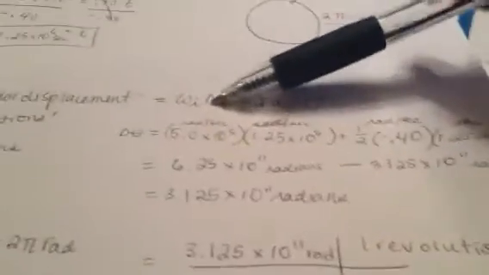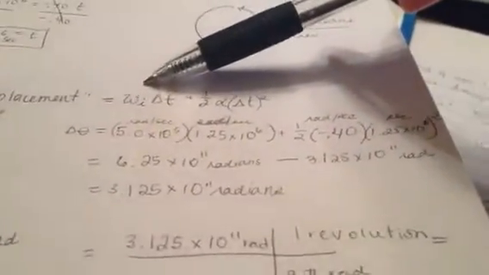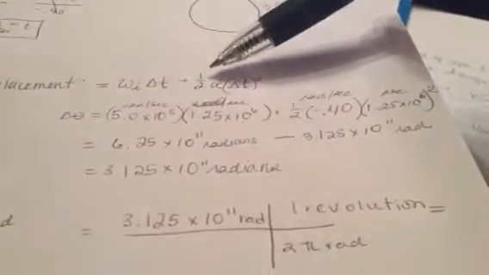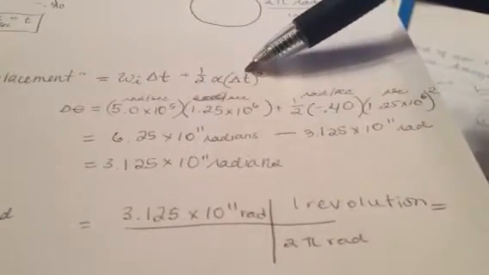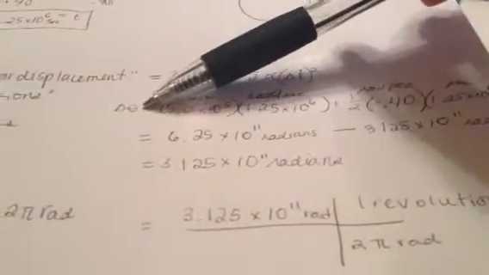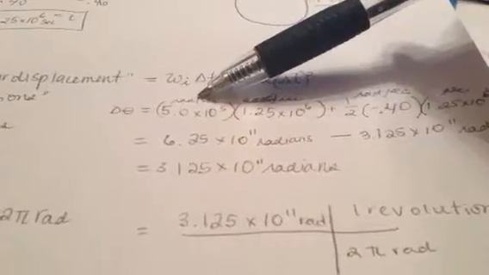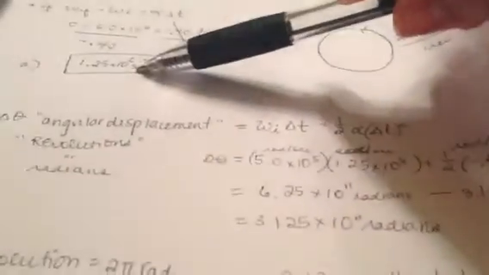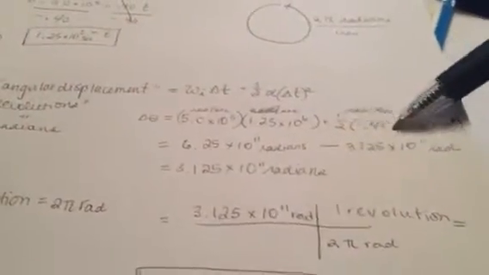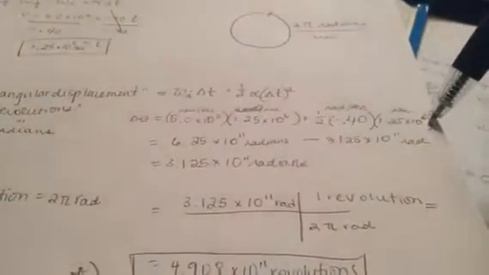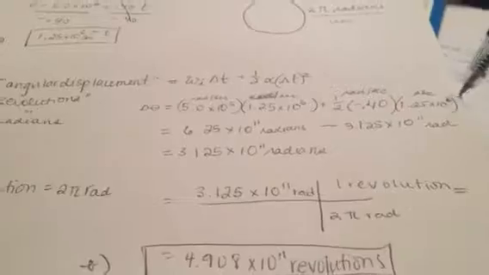Here we go. We have the initial angular velocity times the change in time plus 1/2 the acceleration times change in time squared is equal to the angular displacement. So we have the value we're given times time, which is what we found up here, plus 1/2 the acceleration, what we're given, times the change in time again, what we just found, squared.